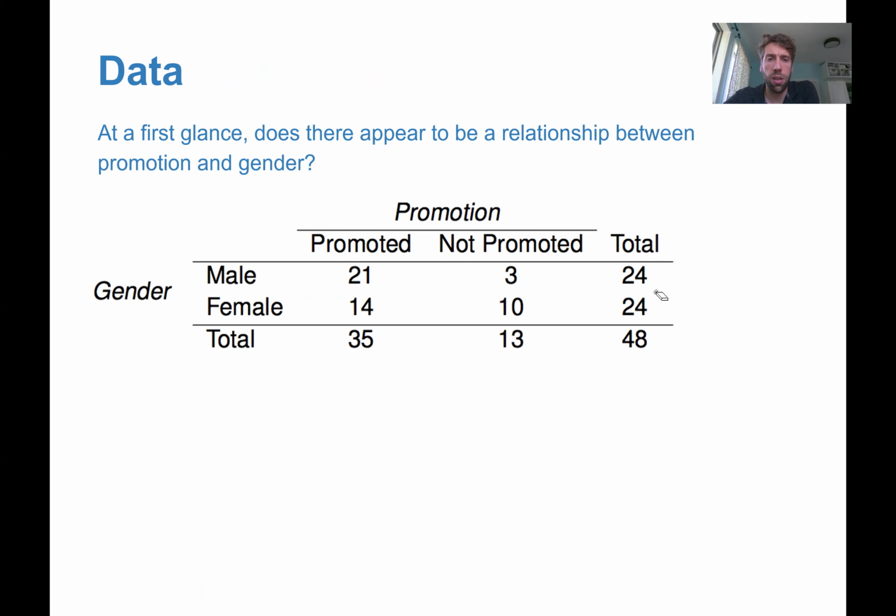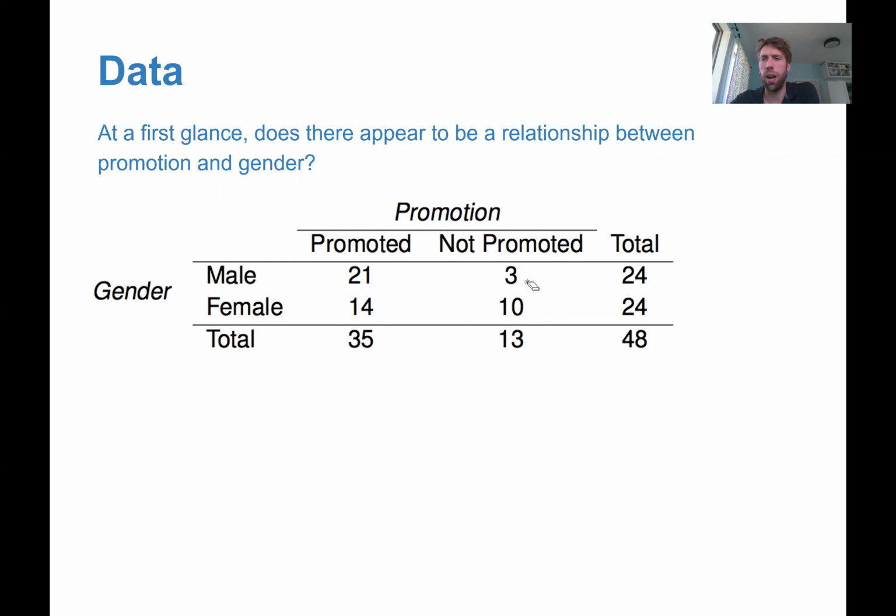35 were promoted and 13 were not promoted. Of the males, 21 were promoted and 3 were not promoted. Of the females, 14 were promoted and 10 were not promoted. So there's a difference there.